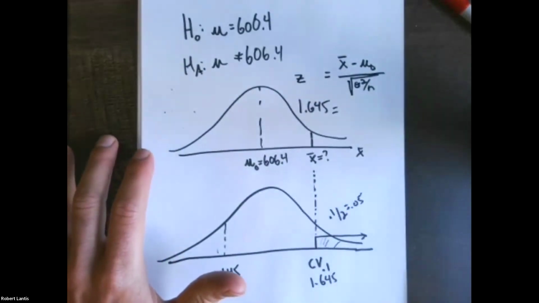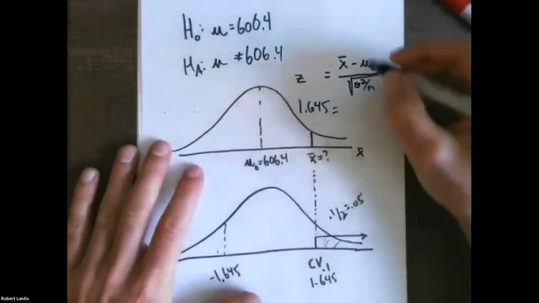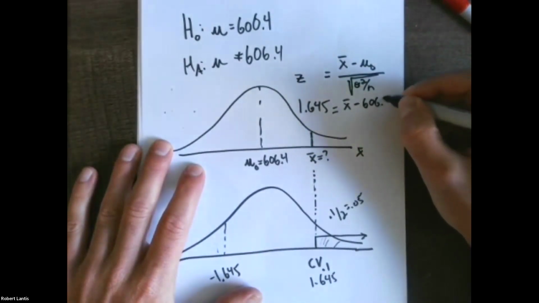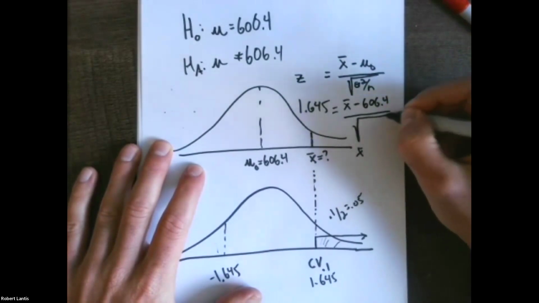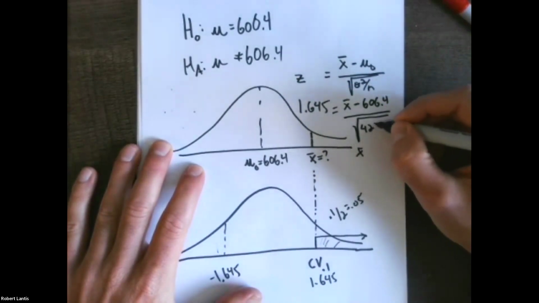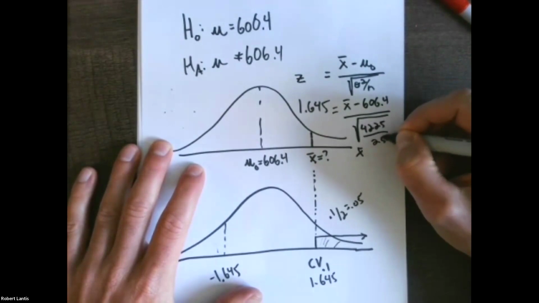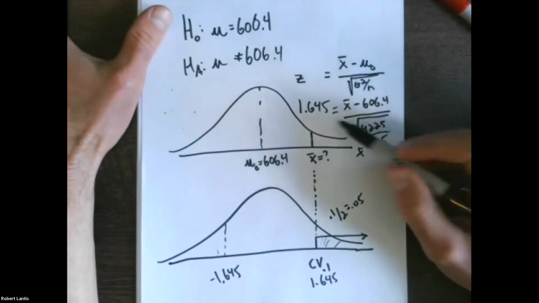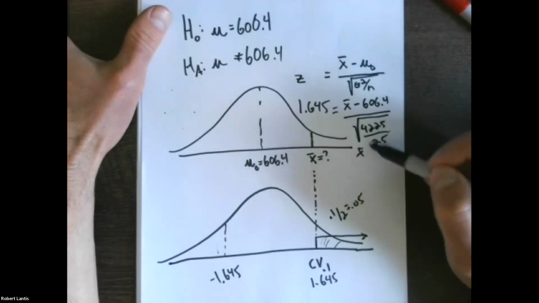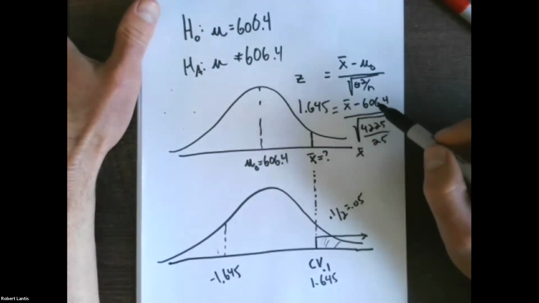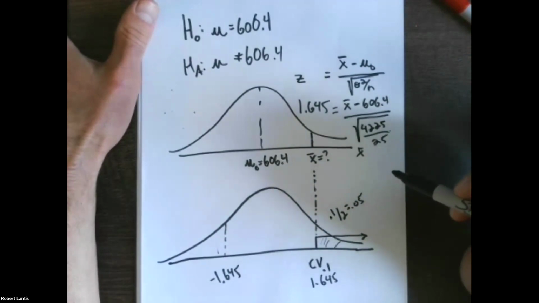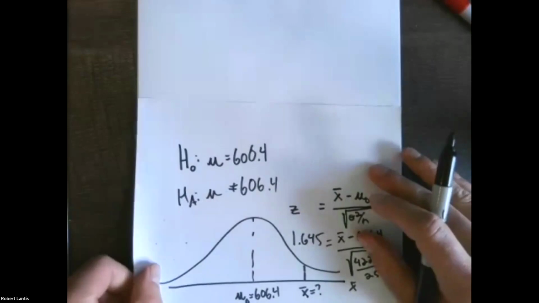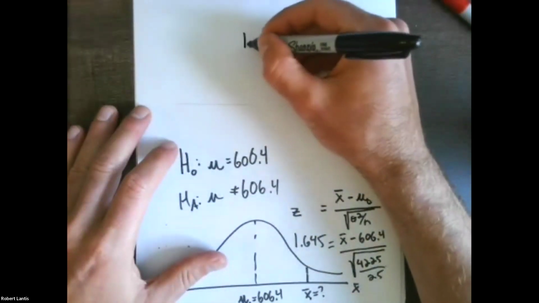Here the mean was 606.4. Variance was 4225, 25 families. Now it's just a little bit of algebra, right? So I'd multiply both sides by whatever this value is. Then I'd add 606 to get my sample mean, right? So kind of work through that just so we can see the math, but it shouldn't be too tough.